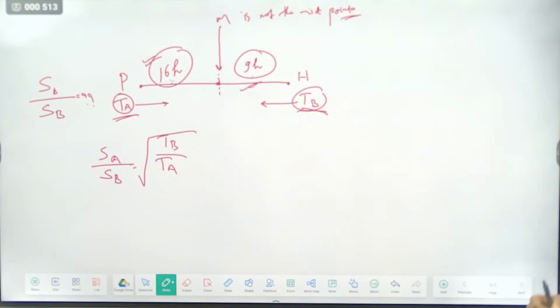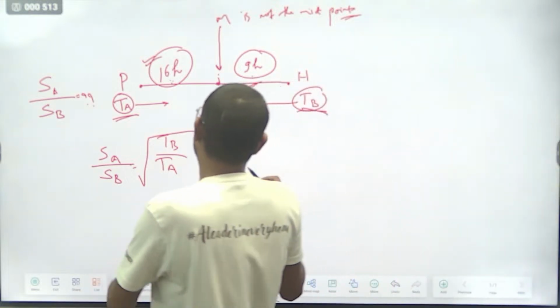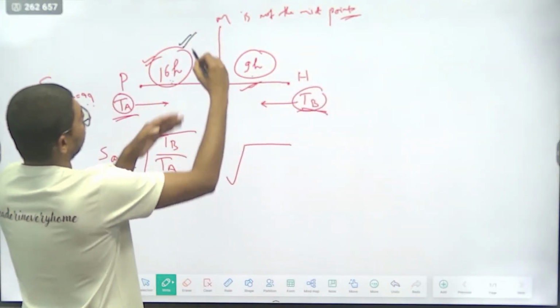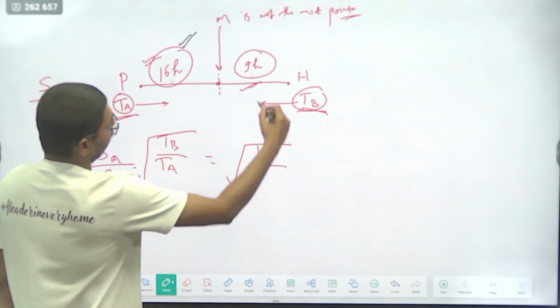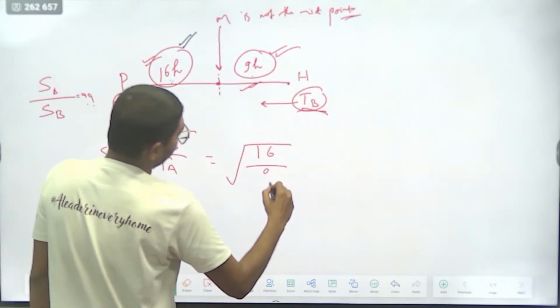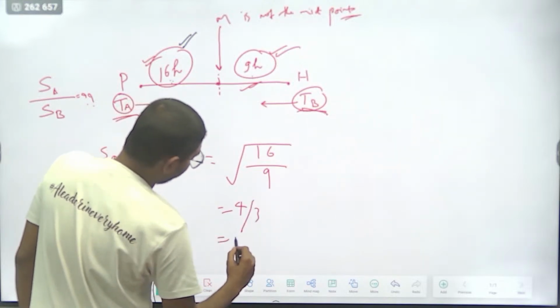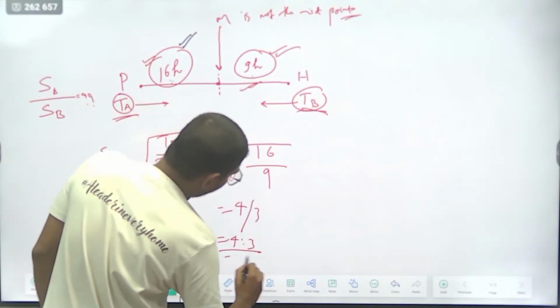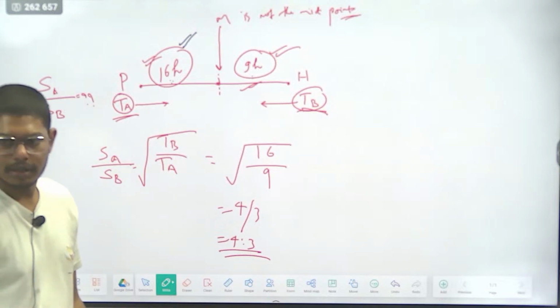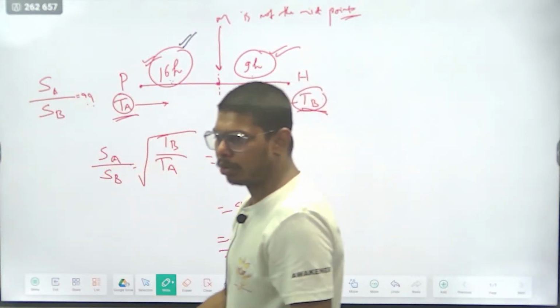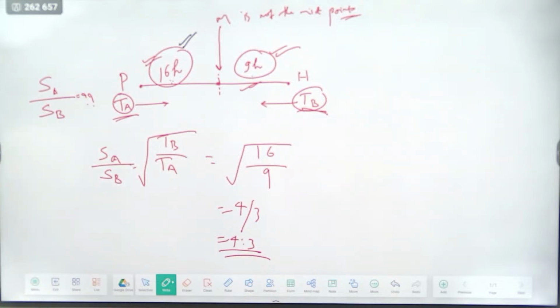So over here, the time taken by B is 16 and the time taken by A is 9, which gives root of 16 by 9, that is 4 by 3, or the ratio is 4:3. That's it. This is a trap type of question also. If you don't know, you will fall into the trap.